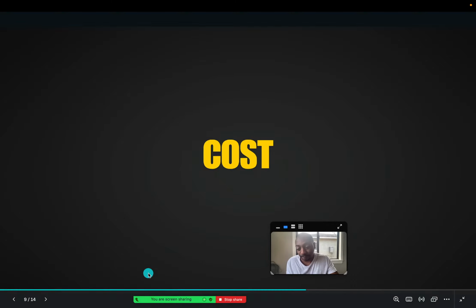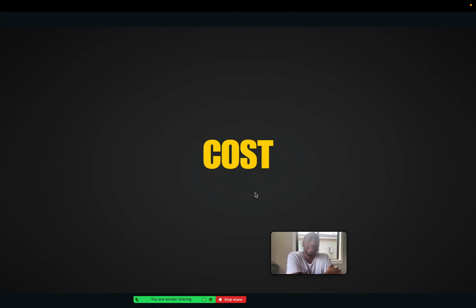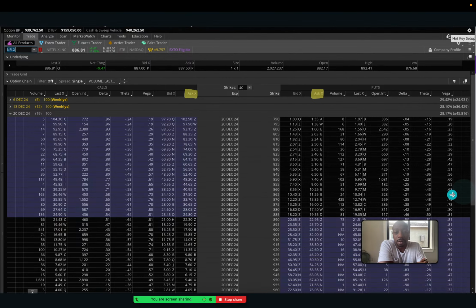Another factor is cost, right? I think we're at number 3. How expensive is the option? I'm looking at Netflix for this because Netflix is notoriously expensive to buy options in, right? Even buying things at the money or slightly in the money for Netflix, it is $2,400 to buy one option contract, right?